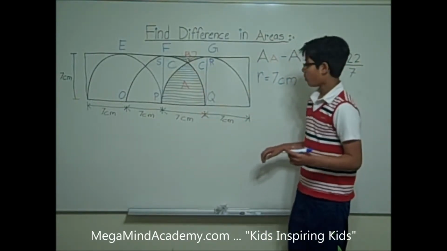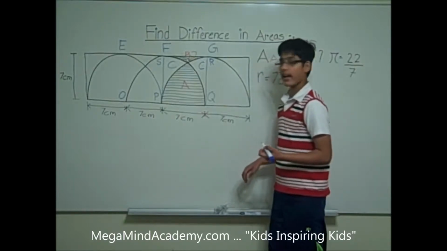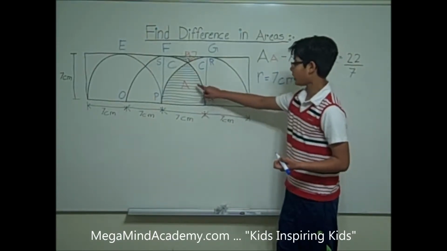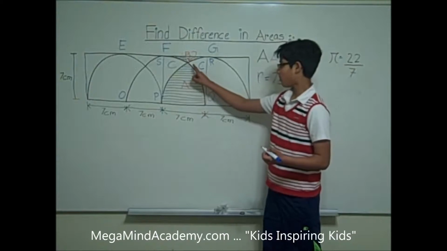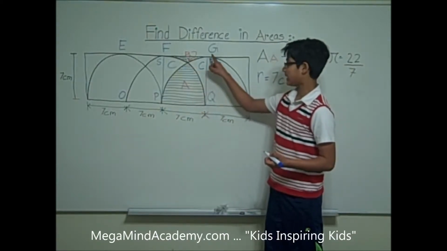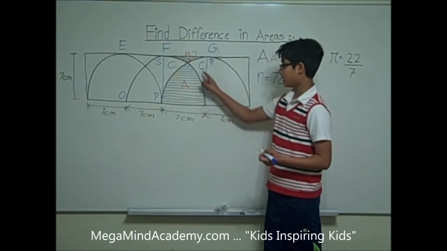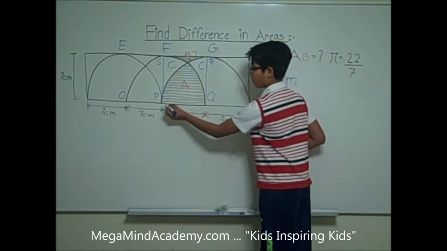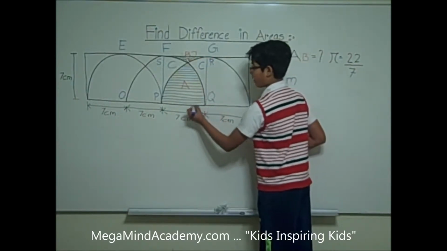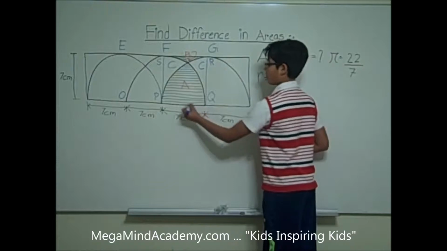Now, when we add together the area of portion A with the area of portion C, we get the area of a quarter circle.